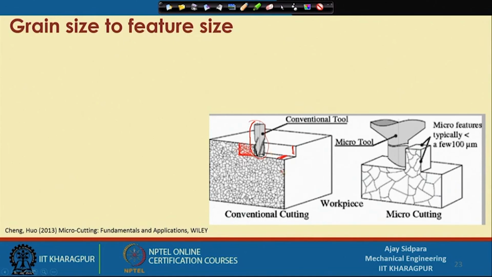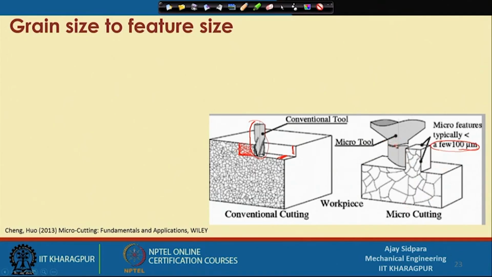But if you see the same thing at a micro scale, suppose we are considering a feature size of a few hundred microns, then sometimes the grain size is also similar to that dimension. So, what is the problem in this case?